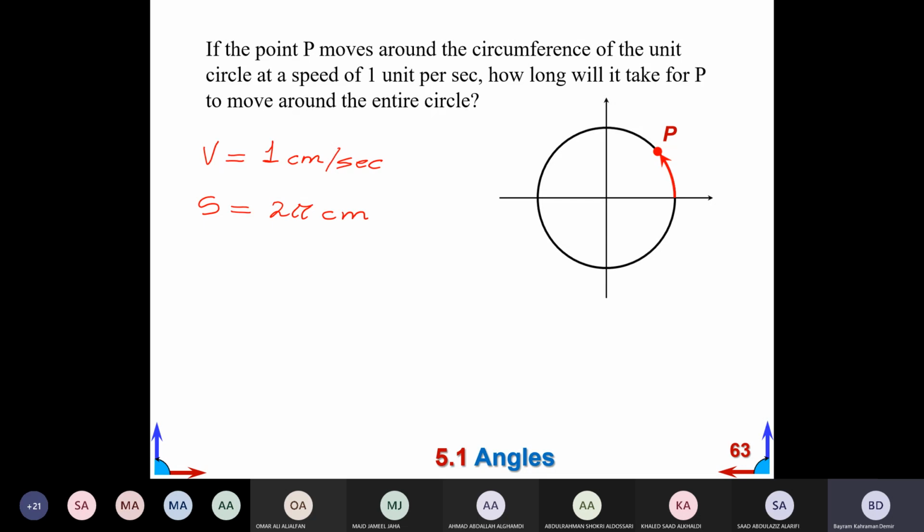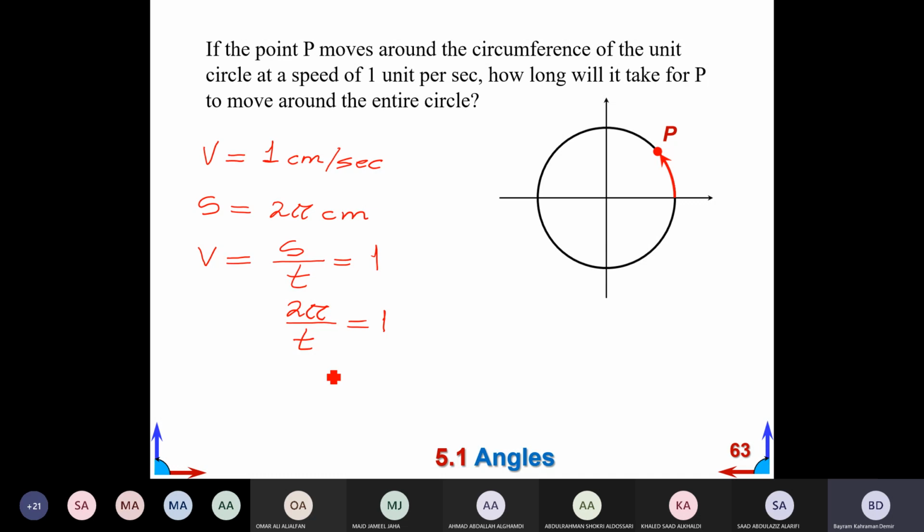So what is the time, Shabab? 2 pi centimeter per 2 pi second. So V is equal to S over T. This should be 1 because linear speed is 1. S is 2 pi over T is equal to 1.